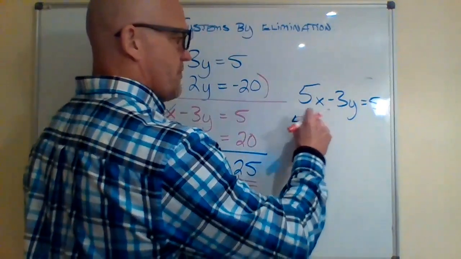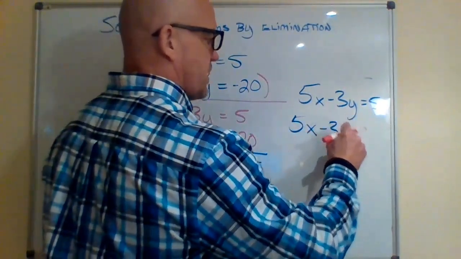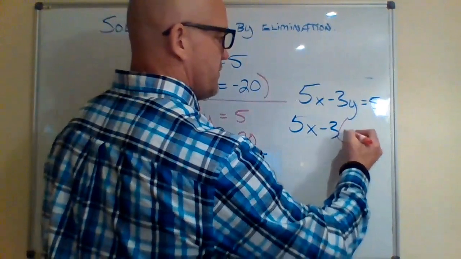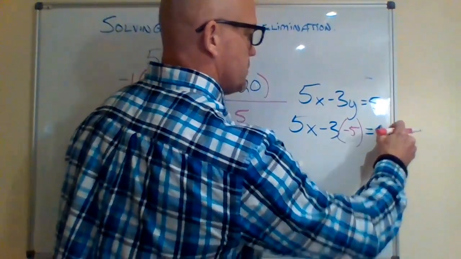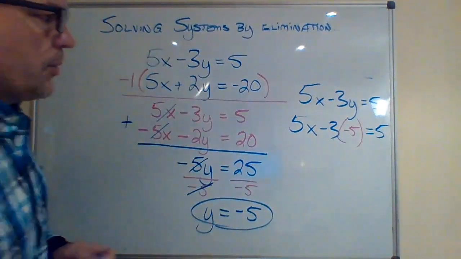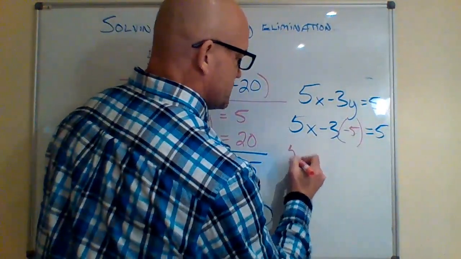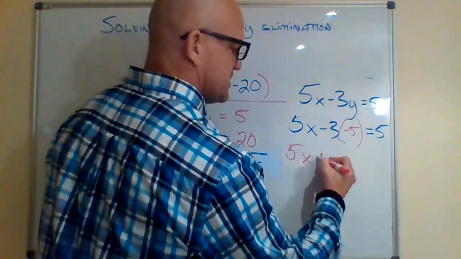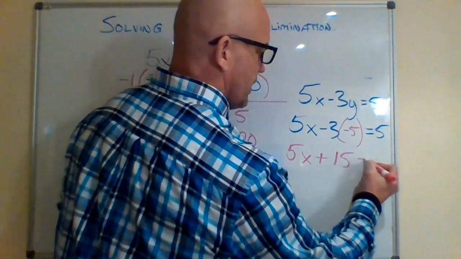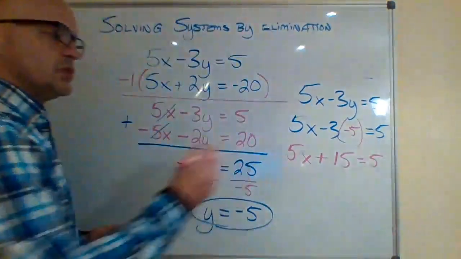So this is going to become 5x minus 3 times that -5 equals 5. Simple multiplication there. This is 5x. -3 times -5 becomes positive 15. And that equals 5.